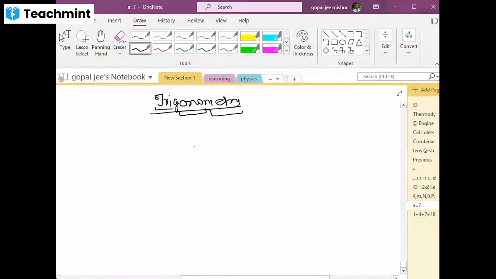Basically, it is a part of mathematics that deals with the measurement of a three-sided enclosed figure, and you know that is a triangle. So you can say that the mathematics of triangles will be understood inside this chapter, trigonometry.